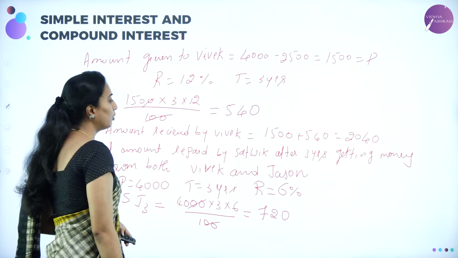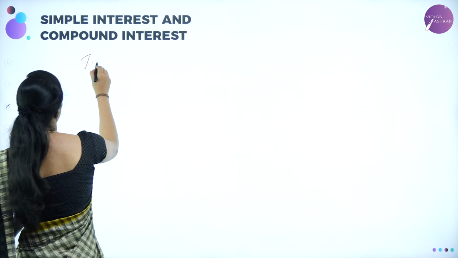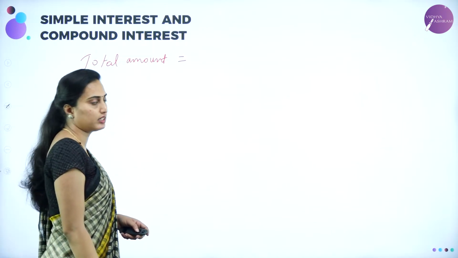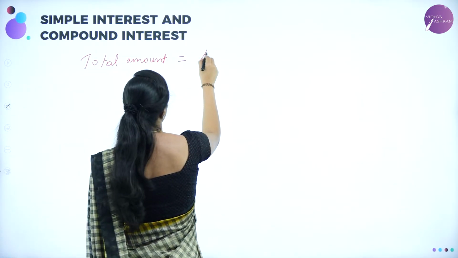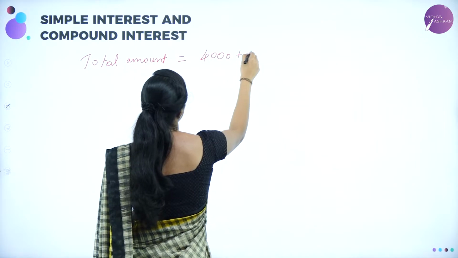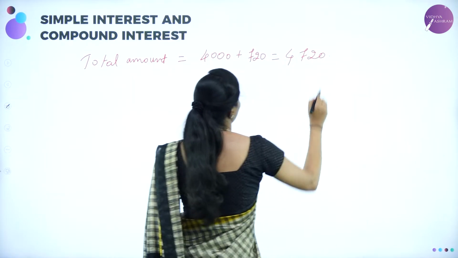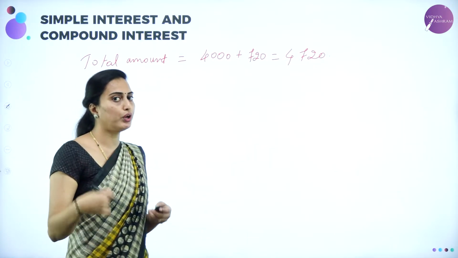So what is the total amount then? Total amount is nothing but principal amount plus SI. So 4,000 plus 720, which will be 4,720. Now what is Satvik going to gain?